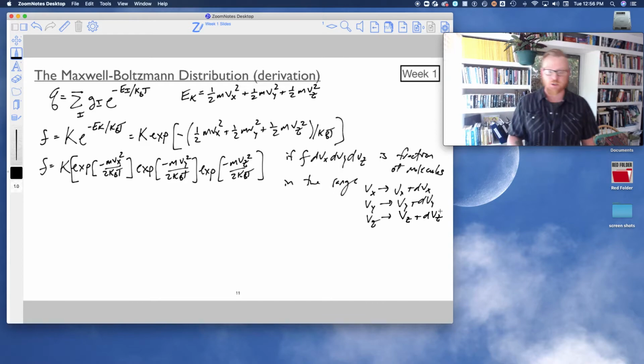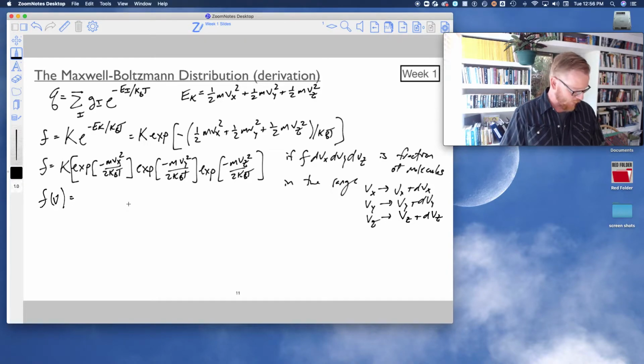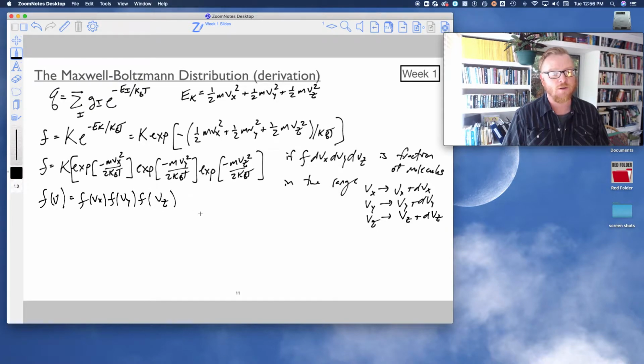This is just allowing us to use the language of calculus. Thus I can now write a function f of v total, which is going to be some product of these individual functions, with a dv on both sides.